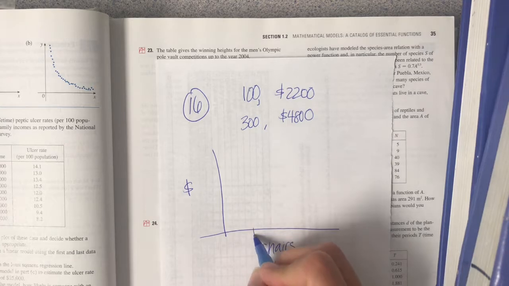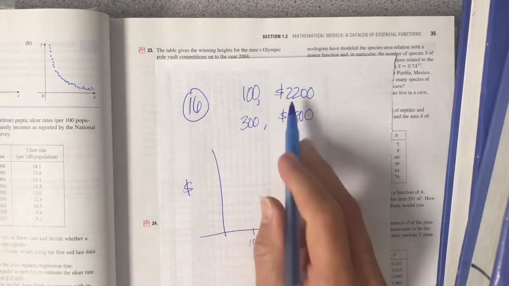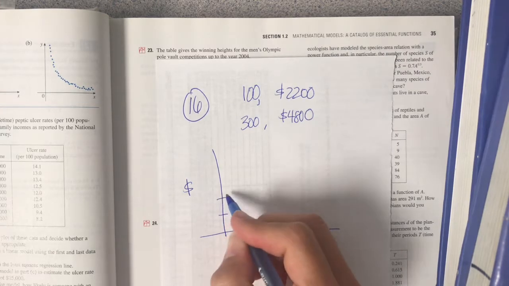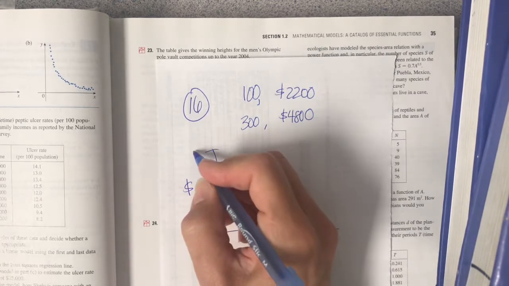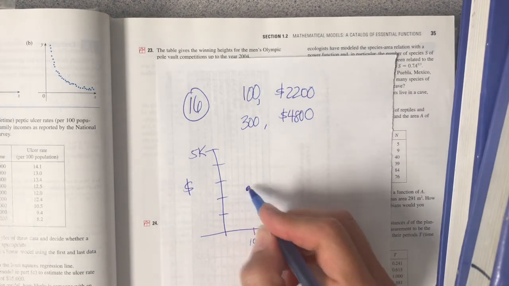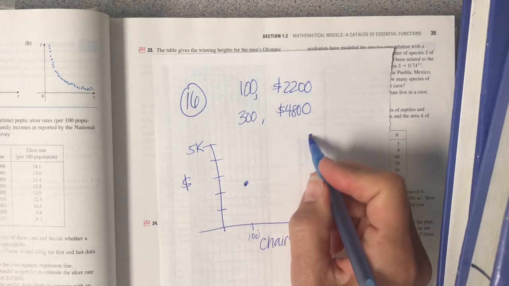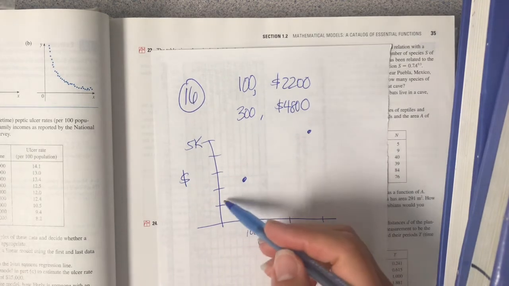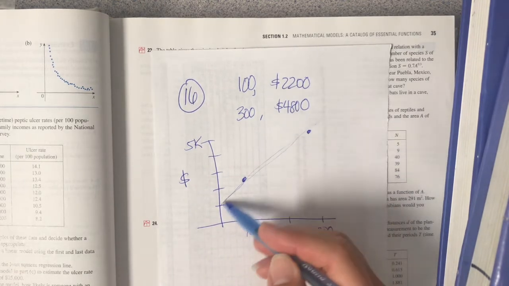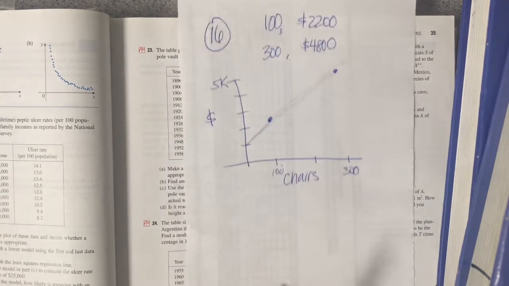So we have 100, 200, 300, and let's do 1,000, 2,000, 3,000, 4,000, 5,000. So 100 chairs, $2,200, 300 chairs, $4,800. And they said assume it's linear. A line of best fit, you should be able to figure that out from algebra. Let's do that first.